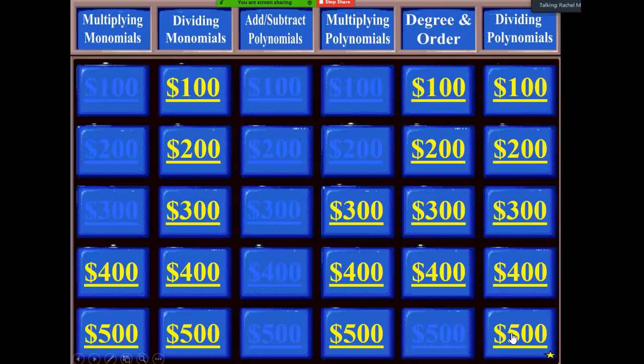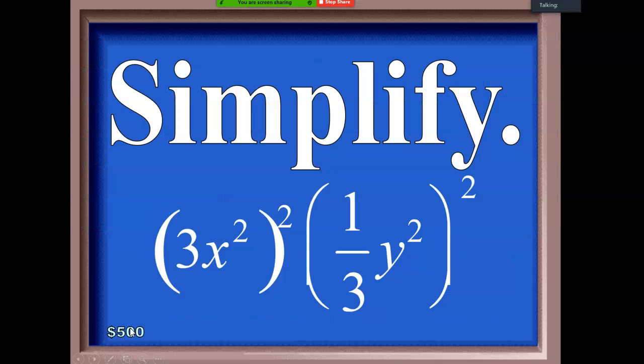Multiplying monomials 500. That is incorrect.